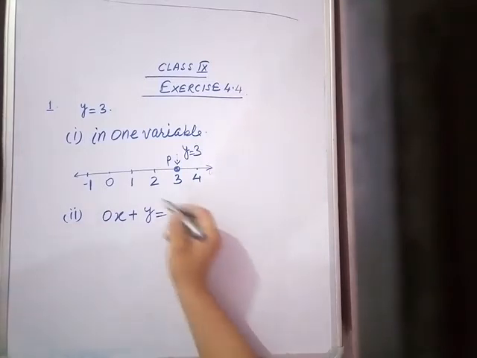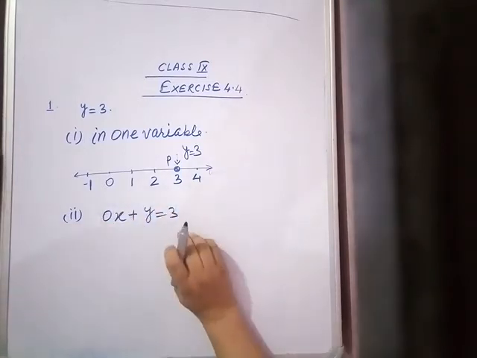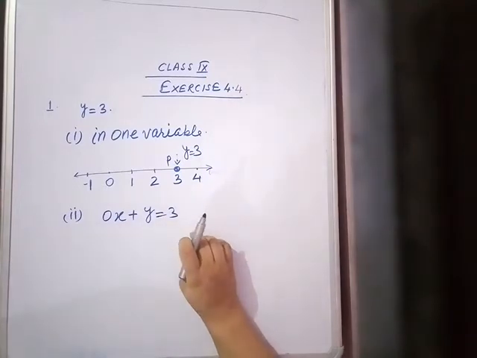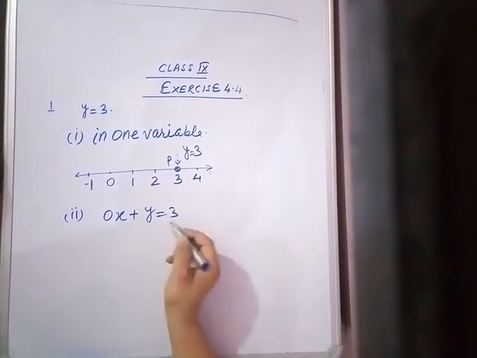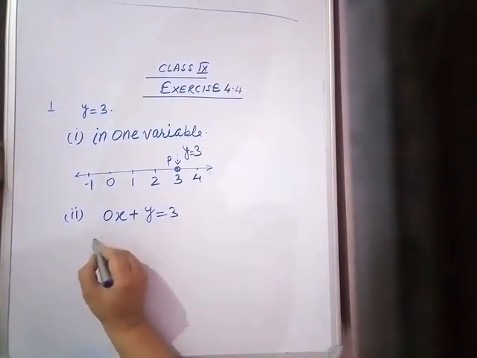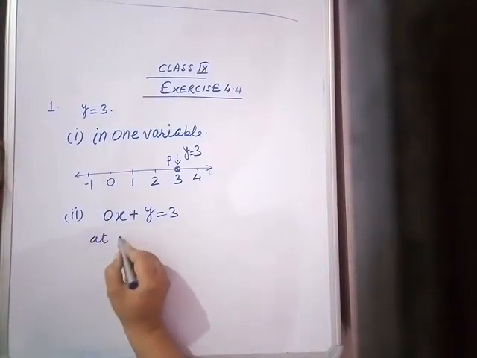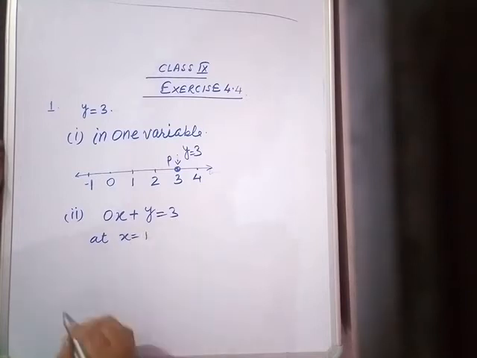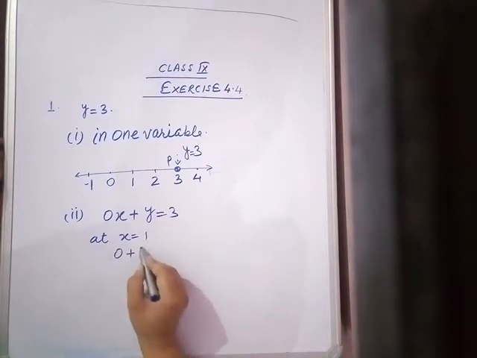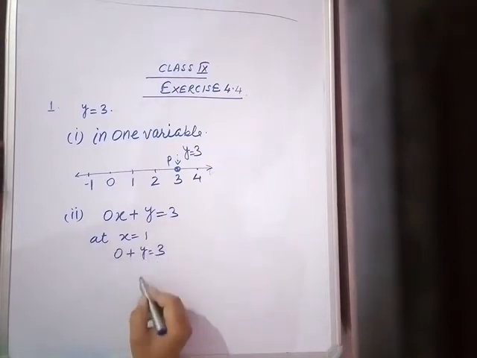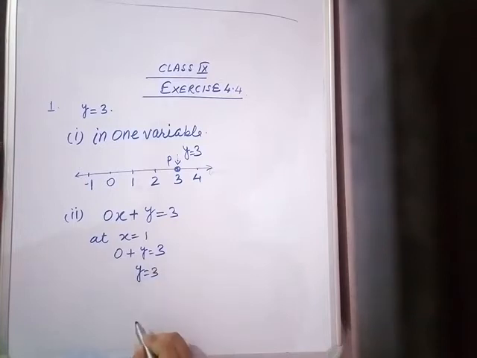Then this equation has infinitely many solutions. Let at x equal to 1, this is 0 into 1, that is 0, plus y equal to 3, so y equal to 3, so the solution is (1, 3).